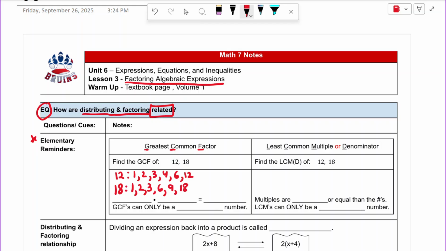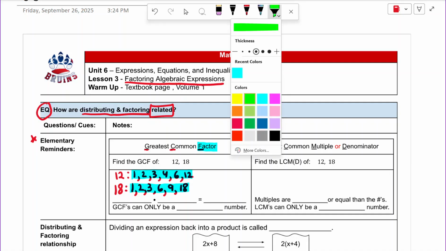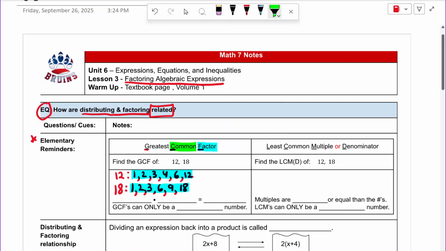Okay, so which ones do they have in common? So we listed out the factors. I'll highlight the factors. There they are. These are all factors of 12. These are all factors of 18. And now which ones do we have in common? So we have 1s in common, we have 2s in common, we have 3s in common, and 6s in common.